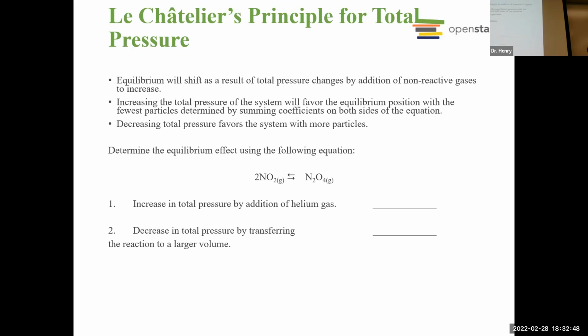So in the case of when we're looking at the total pressure, right? So we have gases, and we're going to be looking at the total pressure, okay? So equilibrium is going to shift as a result of the total pressure by the addition of non-reacting gases.